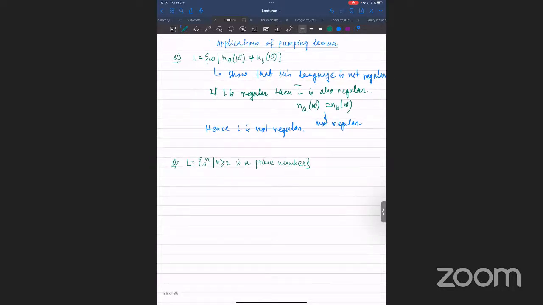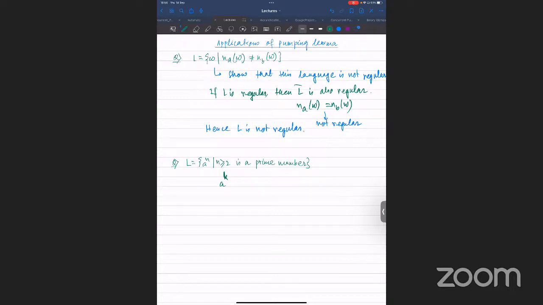Next, prime. So now you have to prove that the language is not regular. I give you some a^k, some arbitrary a^k, where k is prime. How do you show that this is not regular?